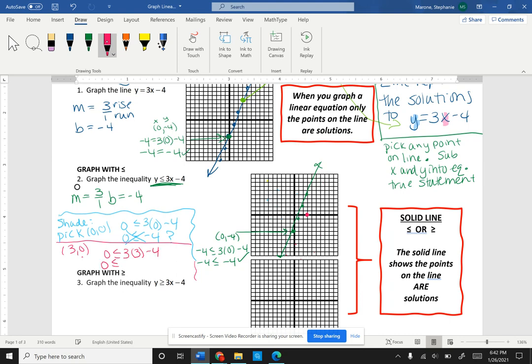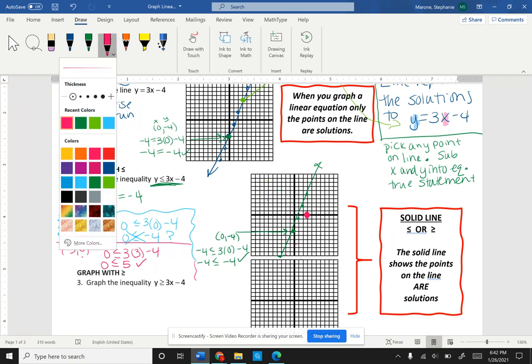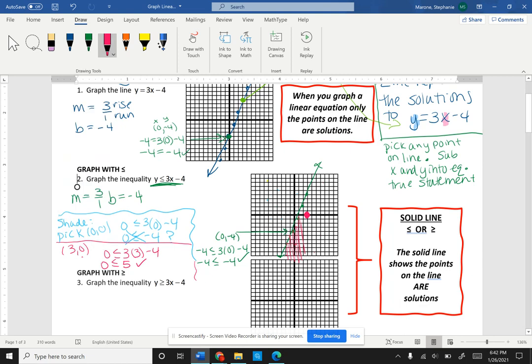We get 0 is less than or equal to 9 minus 4, which is 5. That is a true statement. Since that point is a true statement, we are going to shade below this line because it's where that point is. So whichever one is true, that's where we shade.